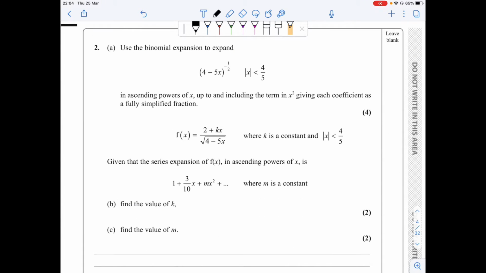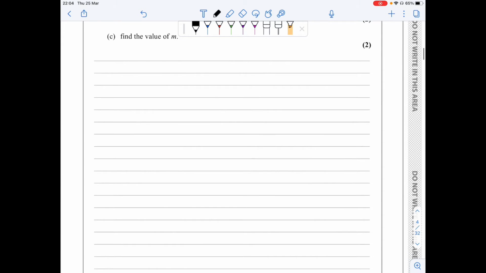In part A, I will start by taking out a common factor of 4. So (4 minus 5x) to the minus a half equals 4 to the minus a half, times (1 minus 5 over 4 x) to the minus a half.